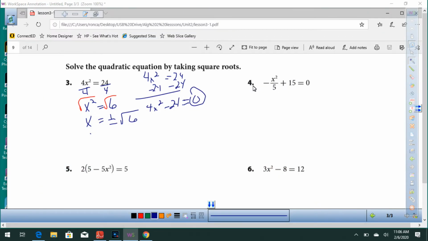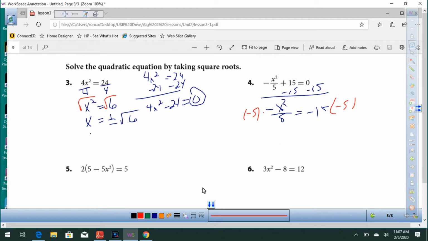What about here? We're going to take the square root. So let's subtract 15 from both sides. And we've got negative x squared over 5 equals negative 15. We're going to multiply both sides by negative 5. Negative 5 times, and then negative 5.